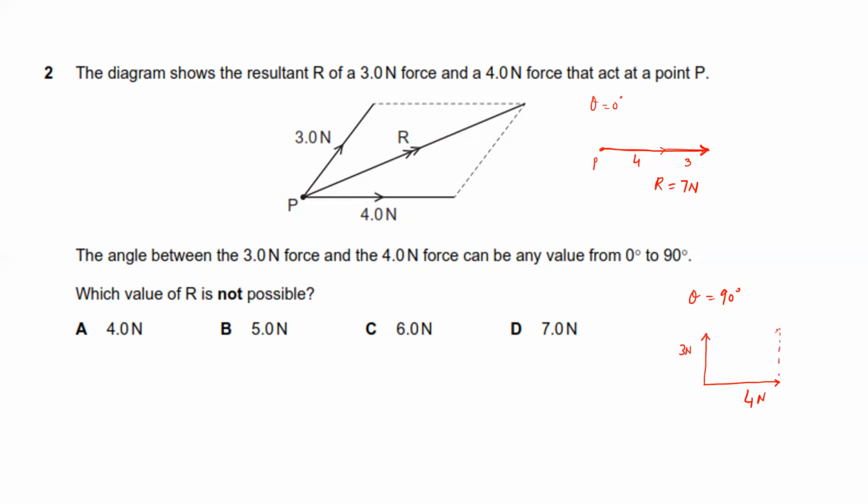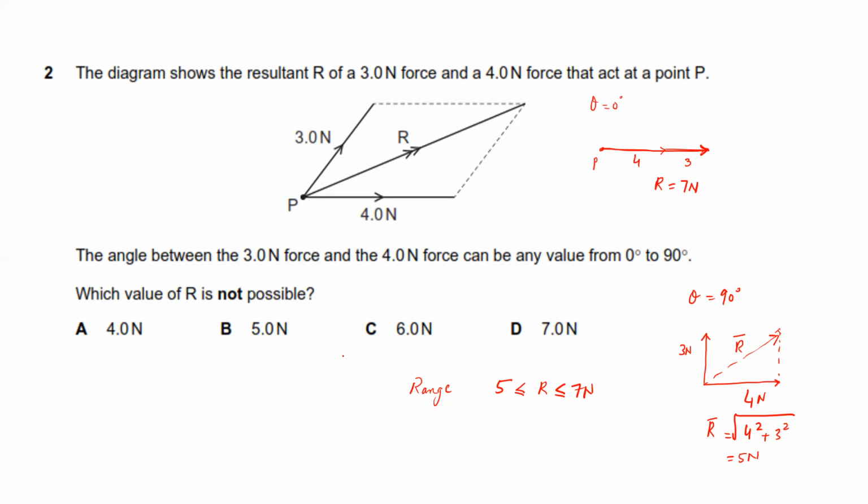So using the parallelogram law, the resultant R is equal to the square root of 4 squared plus 3 squared. This is equal to 5 Newton. So the range of values of R is from 5 to 7 Newtons. So the resultant vector R will remain between 5 and 7 Newtons for these values of theta.